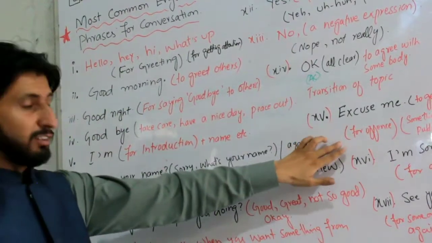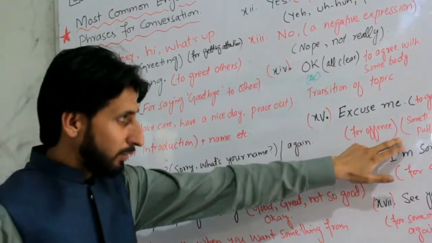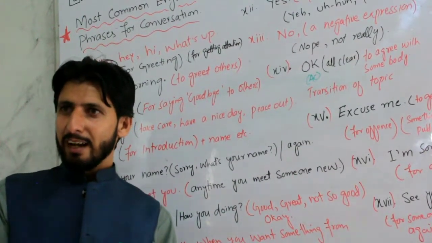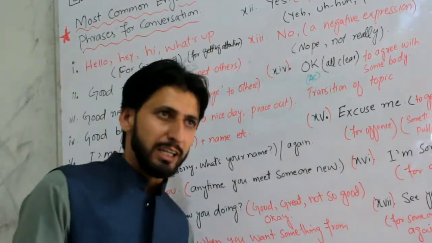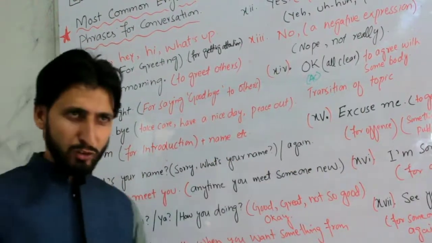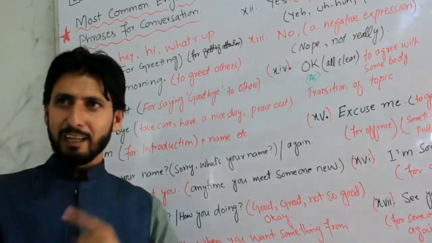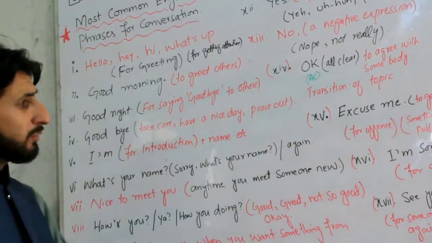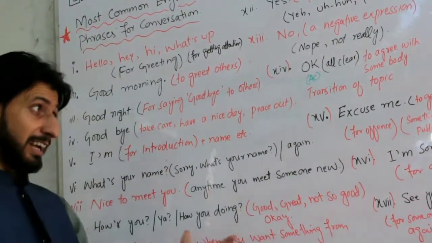And when something is done in a public place, instead of saying I'm sorry, you can use excuse me. It can also be used instead of forgive me. Okay.